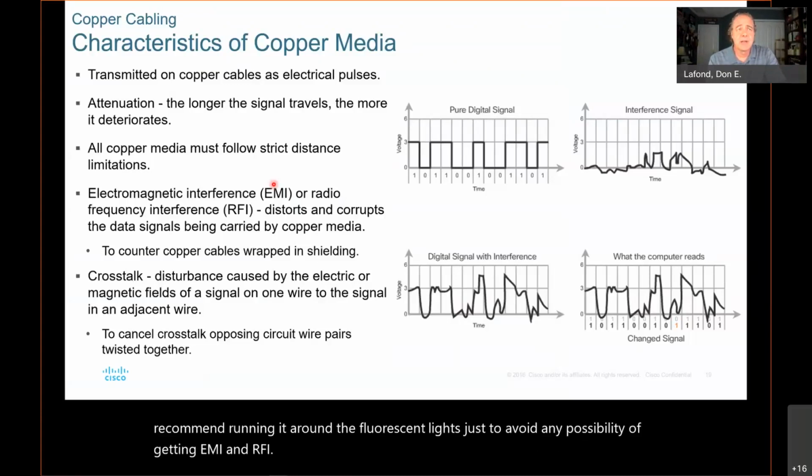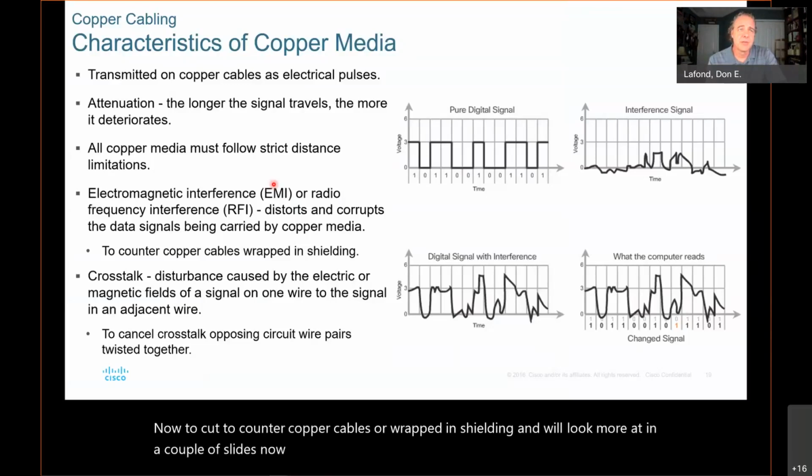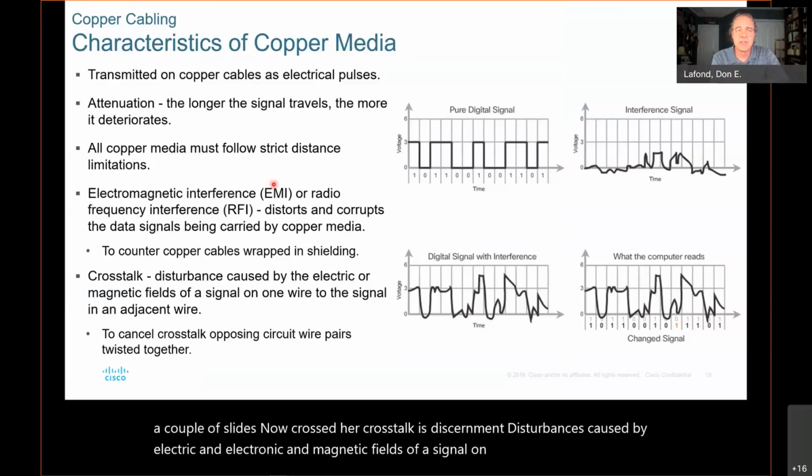Now, to counter that, copper cables are wrapped in shielding, and we'll look more at that in a couple of slides. Now, crosstalk is disturbances caused by electric and magnetic fields of a signal on one wire to the signal of an adjacent wire.